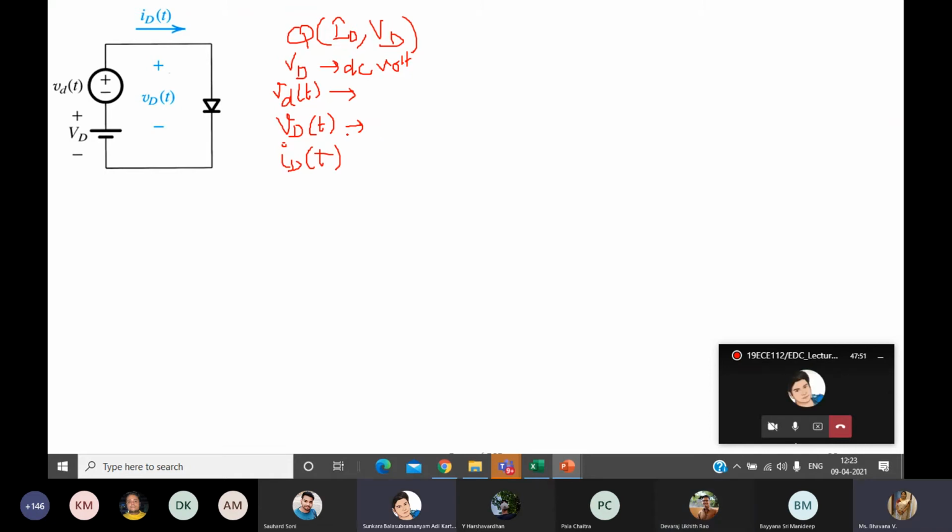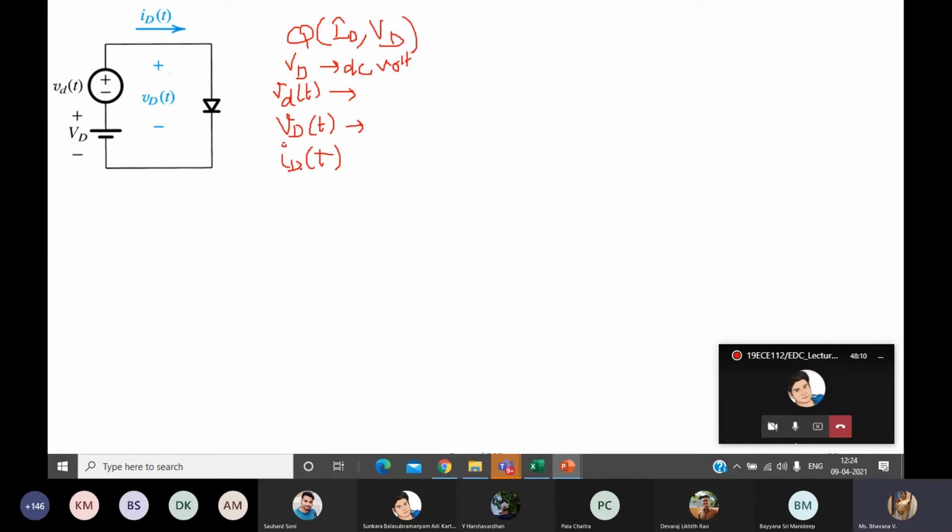I am explaining. Small v suffix capital D of t is the instantaneous total diode voltage.